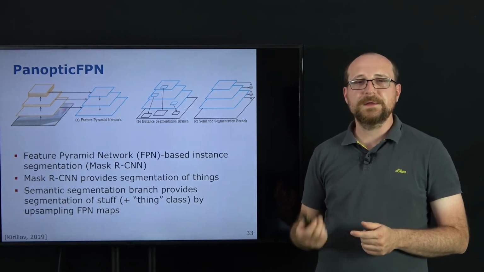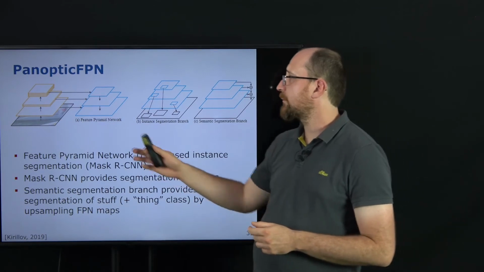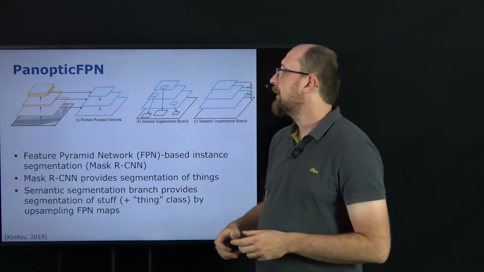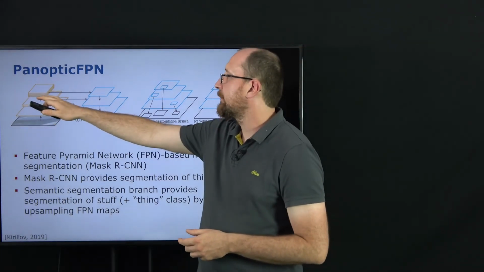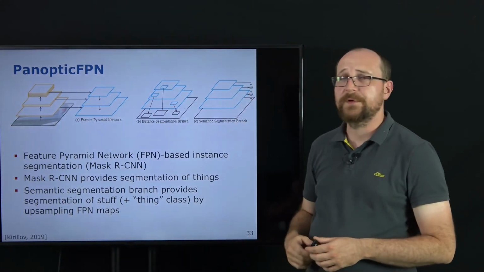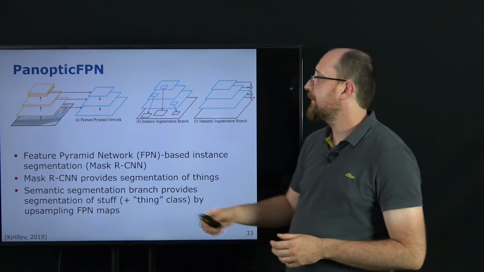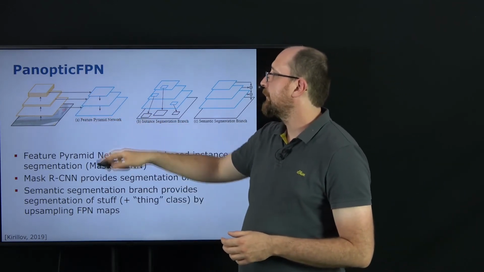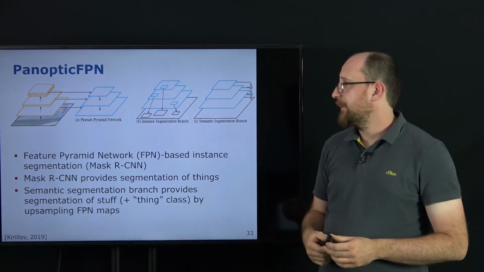Here a feature pyramid network was used, which is very similar to the approach with the encoder and decoder. We have the backbone network that produces our feature maps with pooling operations or strided convolutions in between. And then we are aggregating this to get the feature pyramid in the end.